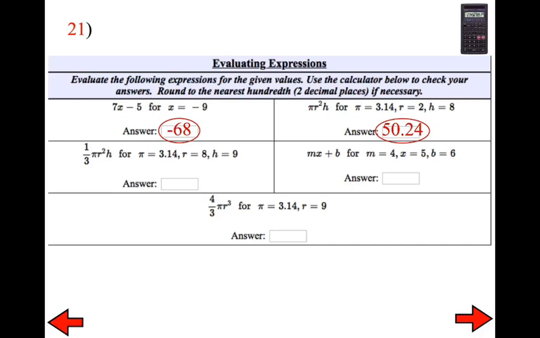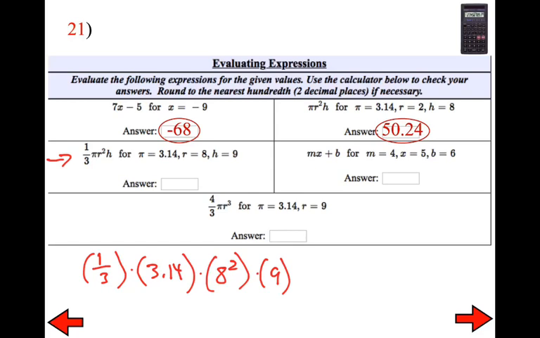Okay, so I'm gonna do this problem next, but I need a little more room, so I'm going to do it down here. So we have 1/3 times pi, which is 3.14, times r to the second power, which is 8 to the second power, which happens to be 64, and then times 9. That's this problem right here.